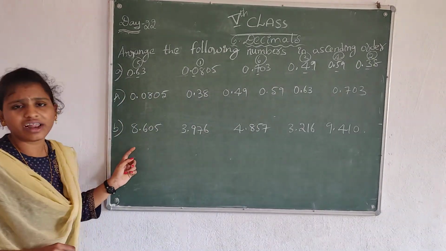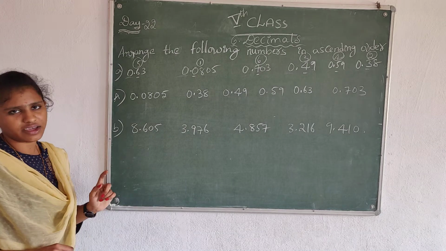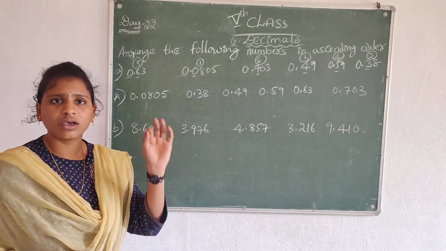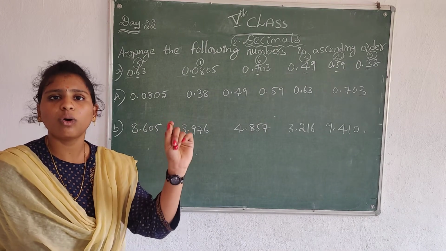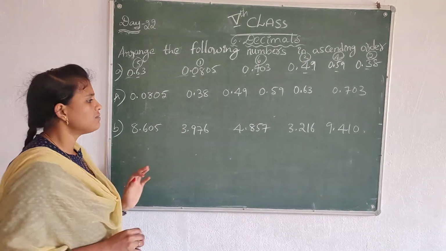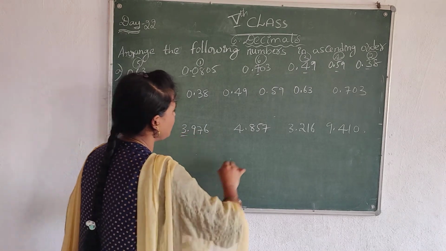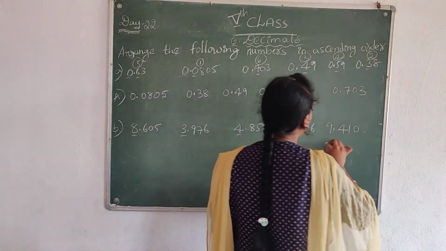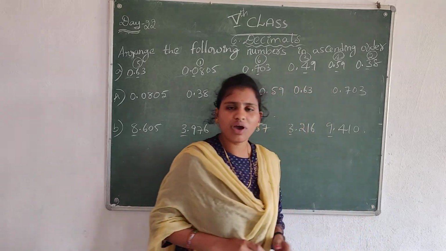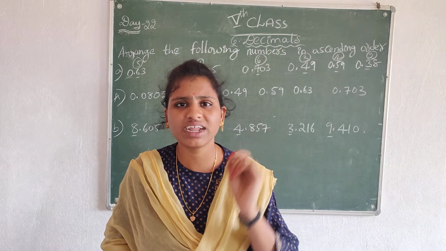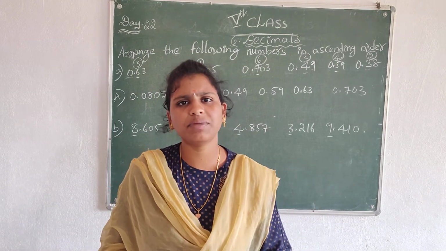Let's see, I will tell one more sum. Listen carefully. Here also I told you to observe first which numbers? Whole numbers. So observe the whole number first. Here 8, here 3, here 4, here 3, here 9. If you have whole numbers, first observe that number, and if it is big, write down the big number.